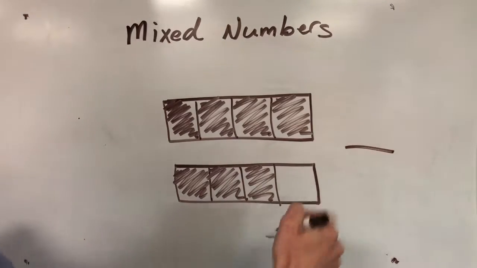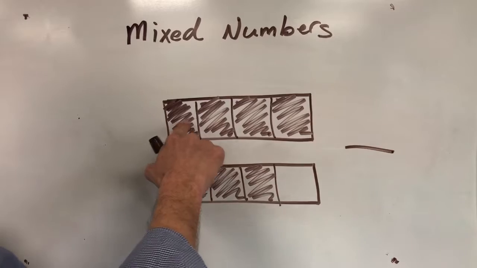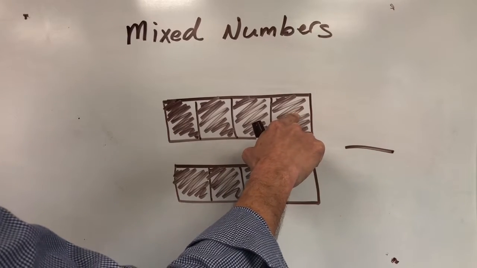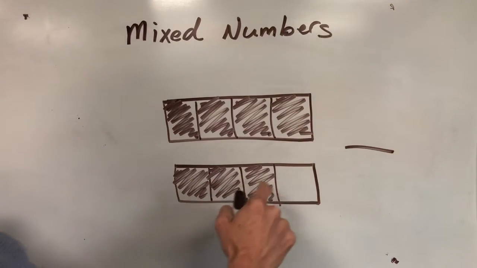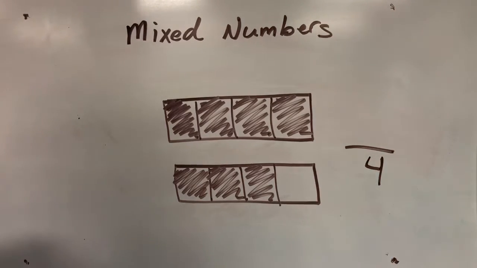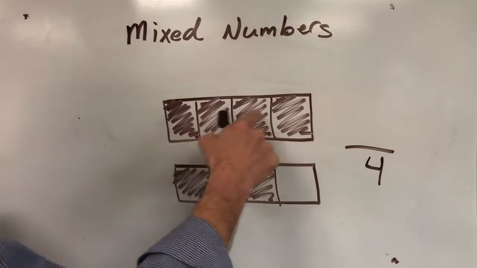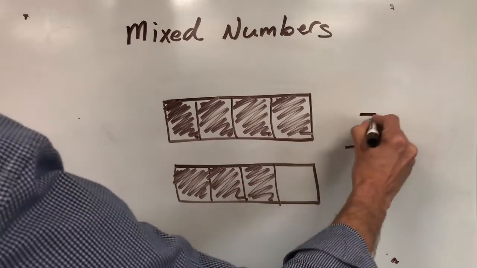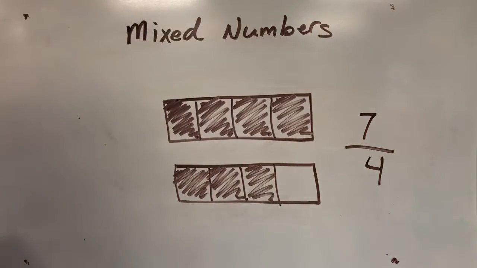So on the bottom, we see that there are 4 parts in this strip and 4 parts in this strip, so the bottom number is 4. Now the question is, how many parts are shaded? 1, 2, 3, 4, 5, 6, 7. So 7 becomes the top number.